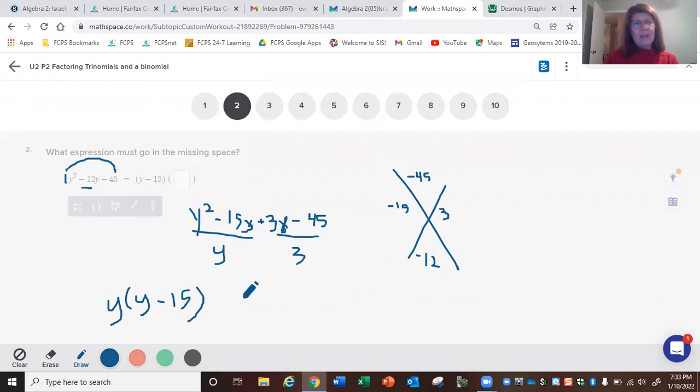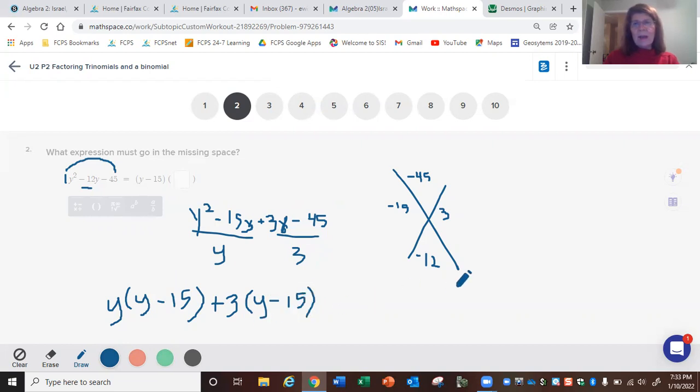Then over here, I'm going to put my GCD in front, so plus 3. Then I divide. 3 divided by 3 is 1, so all that's left here is a y. And negative 45 divided by 3 is negative 15. Notice that these are going to be the same.